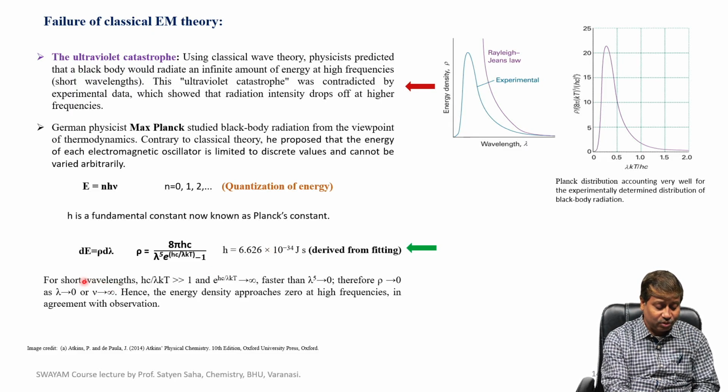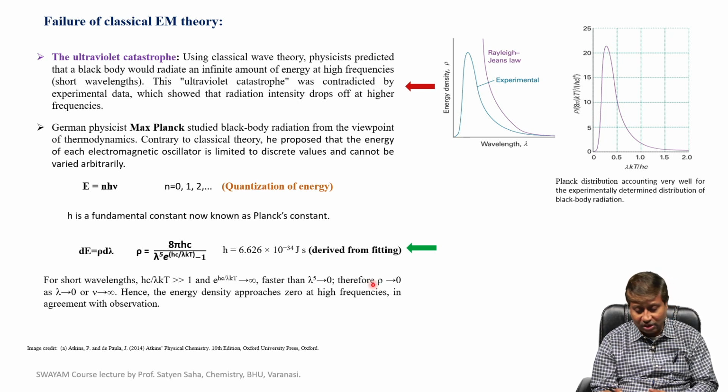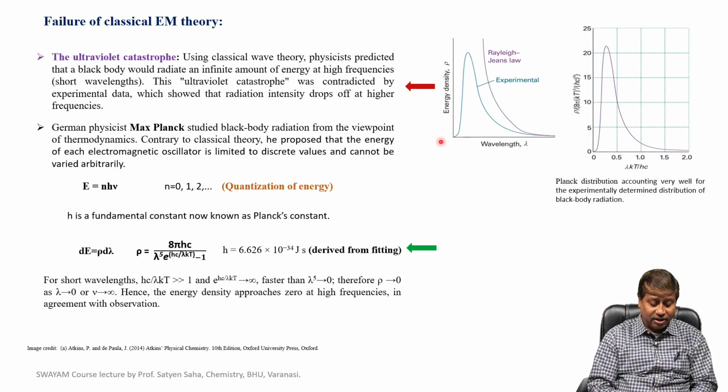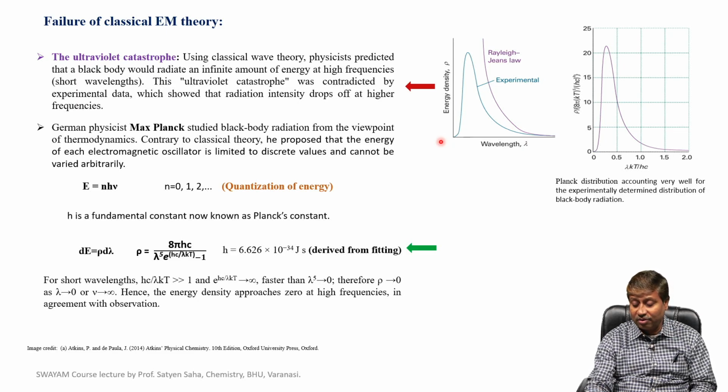If you check at shorter wavelength, where lambda is close to 0, rho becomes close to 0. So, at the shorter wavelength region this becomes close to 0, hence the energy density approaches 0 at higher frequency, which is in agreement with the observation. So, without using the classical approach, he could explain the black body radiation observation.